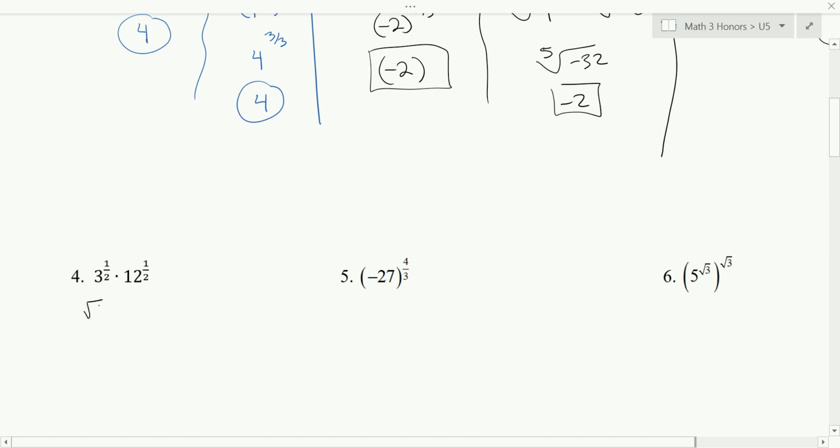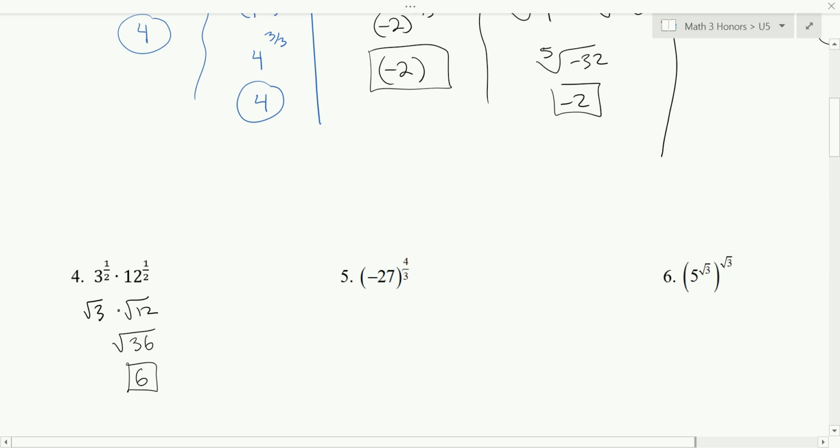Square root of 3. And this would be the square root of 12. Can we multiply those together? So that would be the square root of 36, which is 6. So it can be simplified even if the bases are different. If you can get the exponents to be the same, then you can put everything under the same roof. Okay.